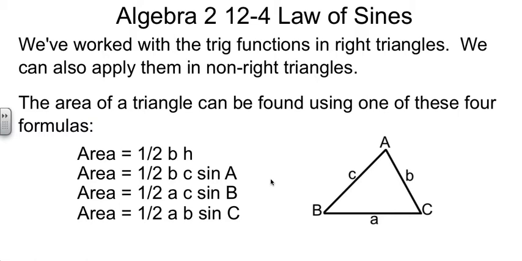How do you know which one of the formulas to use? Well, it really depends on the information you're given. If they told me side B and C and angle A, then I'm going to pick this formula. I'm going to pick the one that uses the information I have.